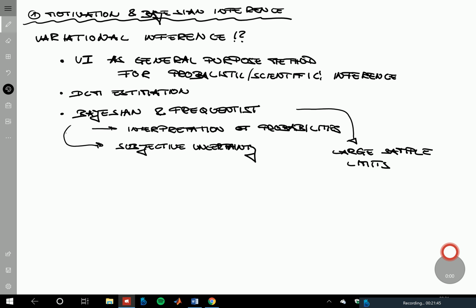Talking about the probability that one of the characters dies in episode 7 of 8 of Game of Thrones in the 8th season, you can talk about this probability, but you cannot talk about it in the sense of a large sample limit, right?